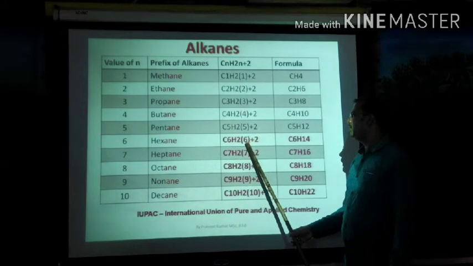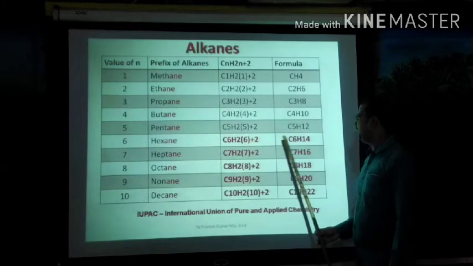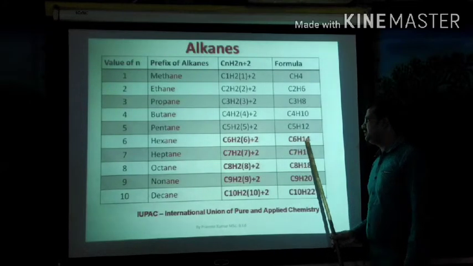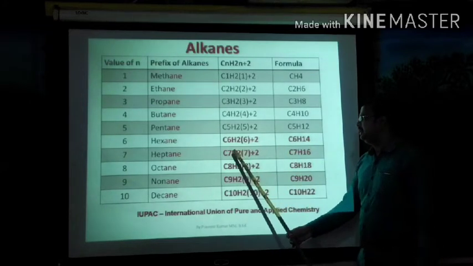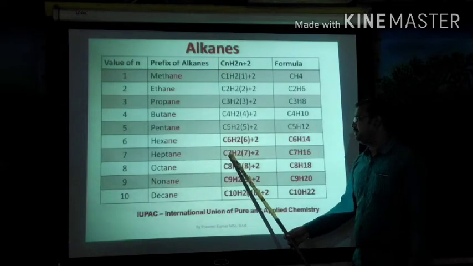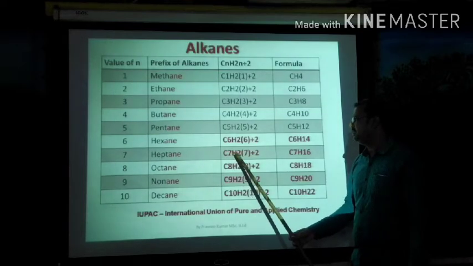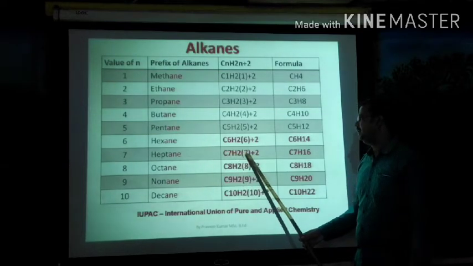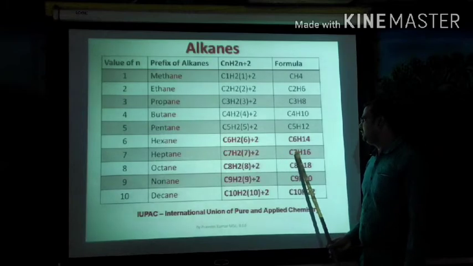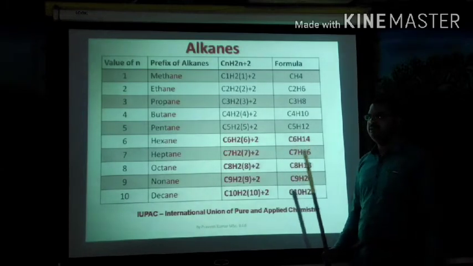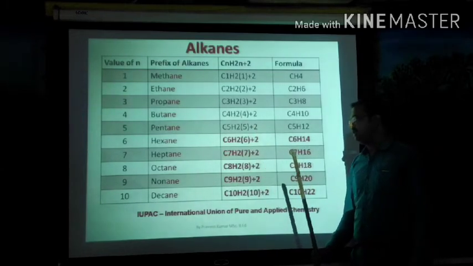C6H2 into 6 plus 2 gives C6H14. The same way, hepta means 7, indicating 7 carbon atoms. C7H2 into 7 plus 2 gives rise to C7H16. The same way it goes on.